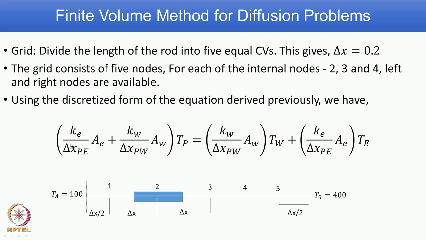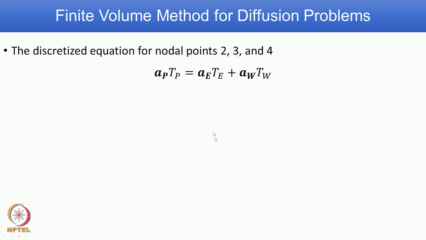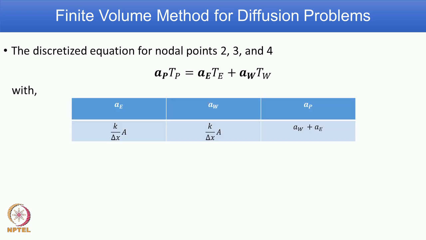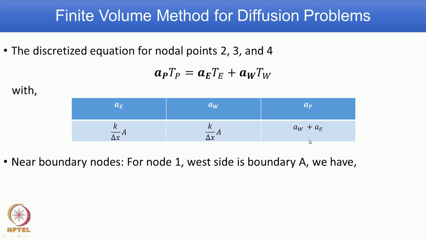So, this first term corresponds to the coefficient for T at east node. Similarly, the second term here corresponds to the coefficient for temperature at west node. So, the coefficient of T p is a summation of these two coefficients, and that is how we write A p T p equal to A e T e plus A w T w, with coefficients written as shown here. And P is a node of interest, it runs from left to right.